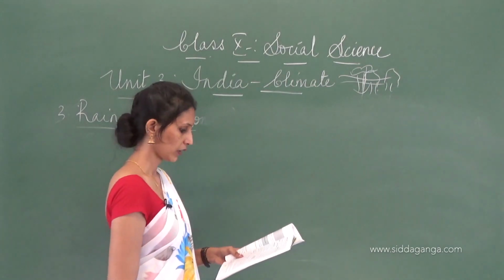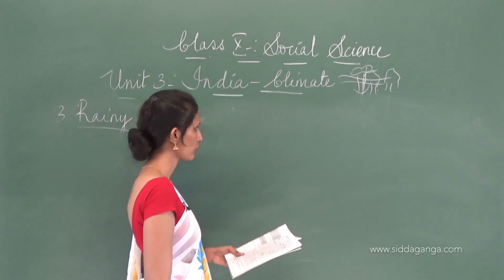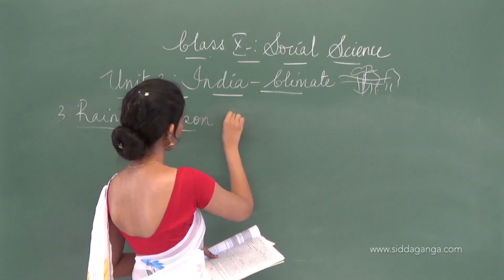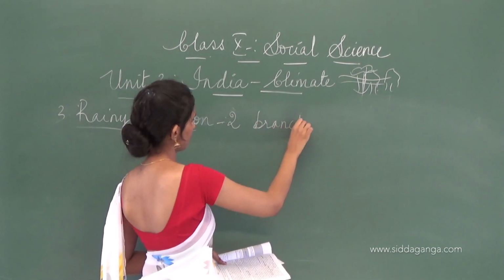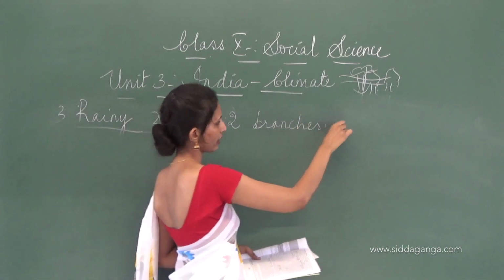Okay. Now there are two divisions or two branches in the southwest monsoon.